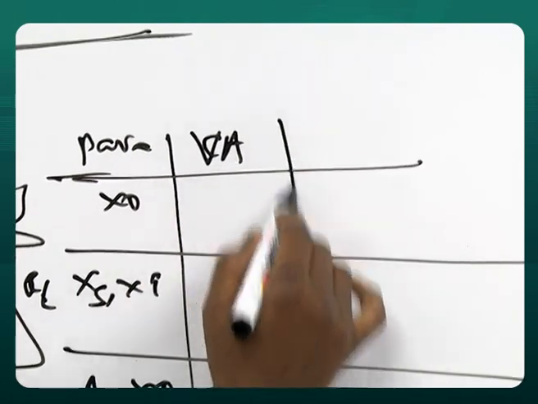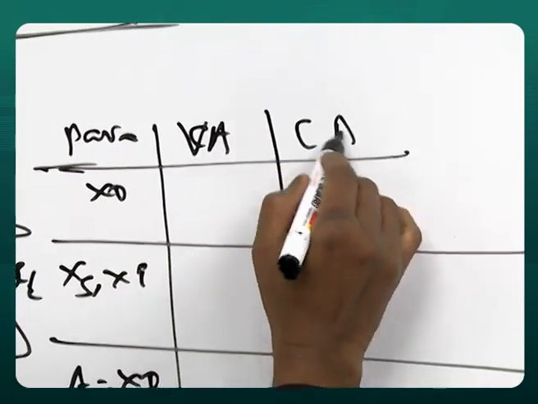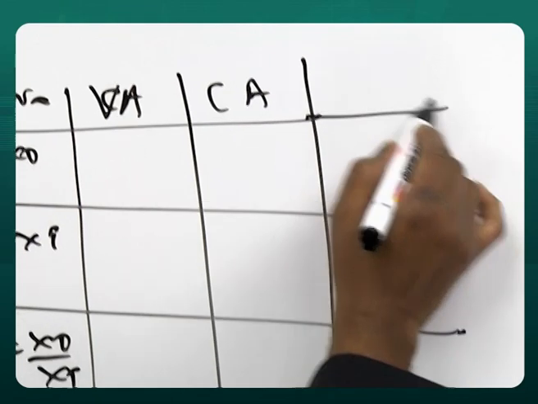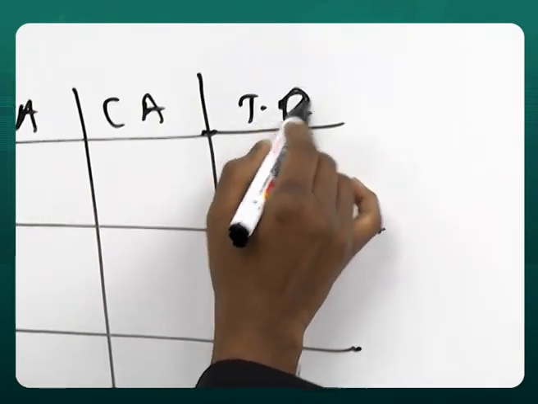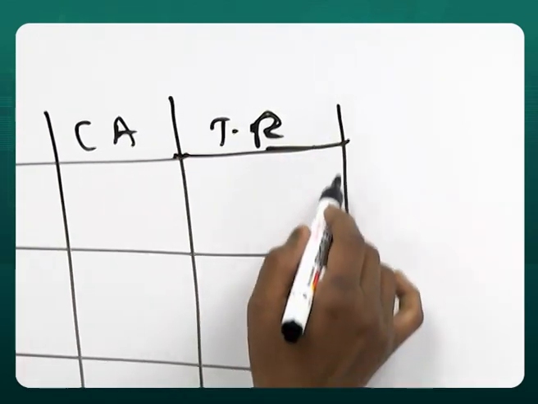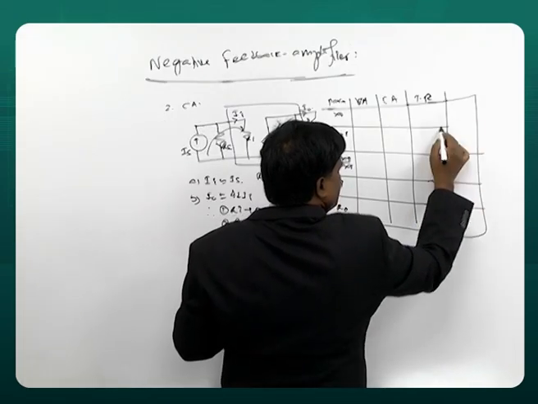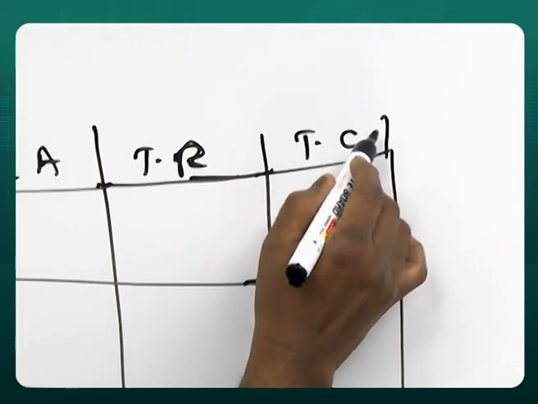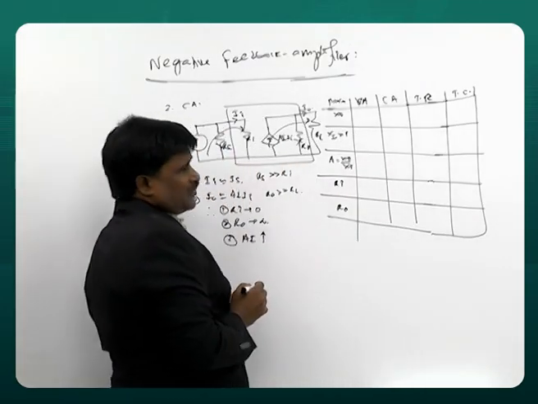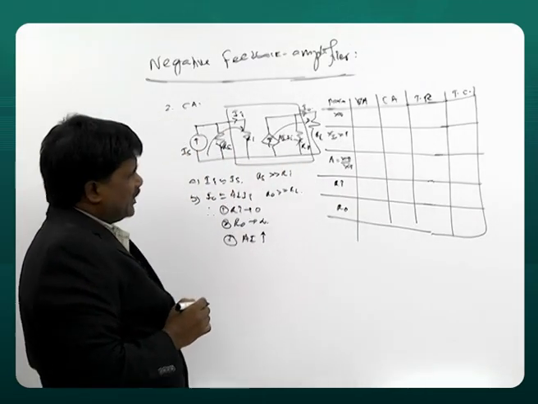Voltage amplifier, current amplifier, trans resistance, and finally trans conductance. These are the four amplifiers.